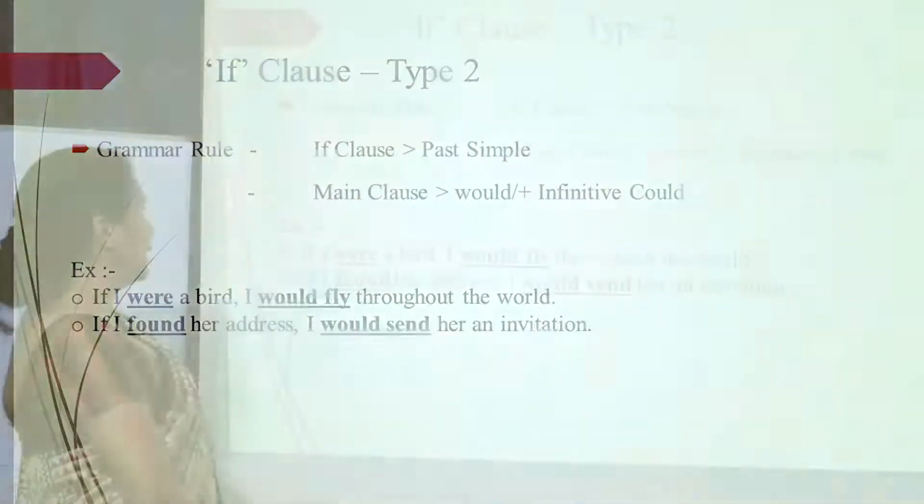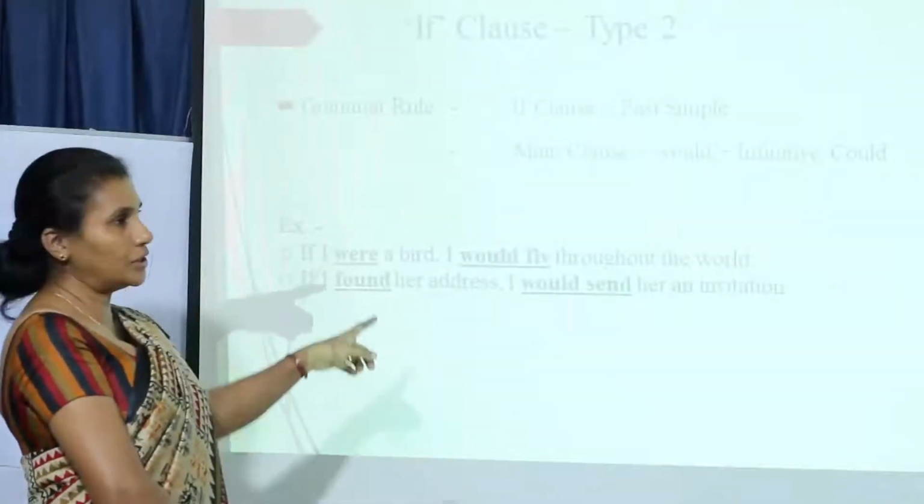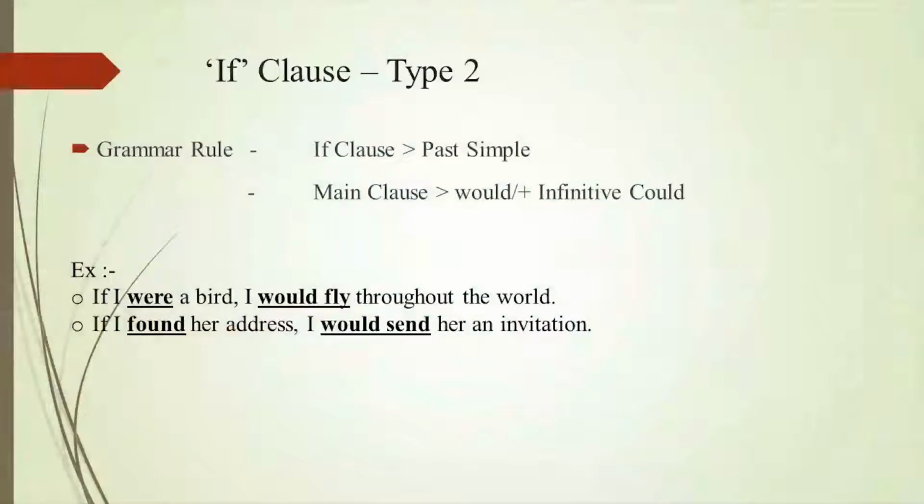Here, if I were a bird, can you see I have used the simple past tense of the be verb, were: if I were a bird. So in an imaginary situation, remember, this is very important.